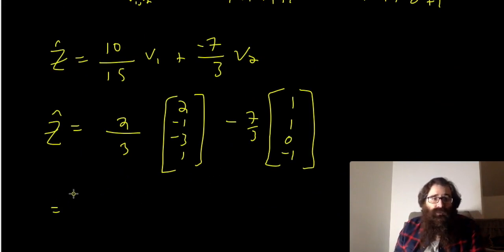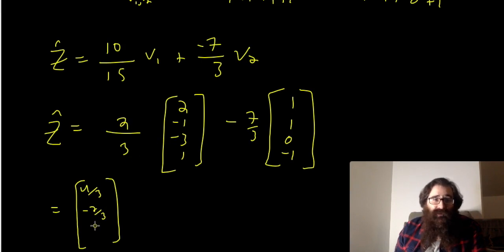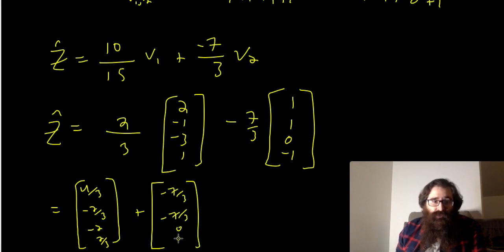So that's going to be equal to, here I'm going to have 2/3 times 2 is 4/3, then negative 2/3. Here the 3's are going to cancel, so negative 2, and then 2/3. And then we'll add, plus, let me bring the negative 7/3 in. Here I'm going to get negative 7/3, negative 7/3, 0, and then positive 7/3.